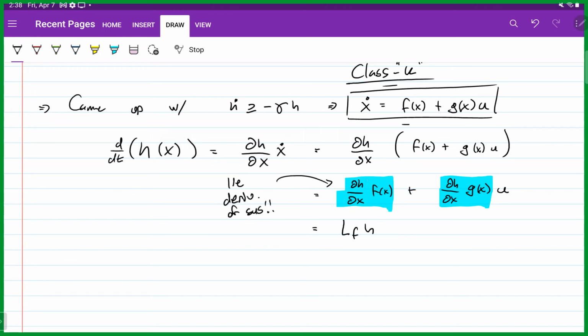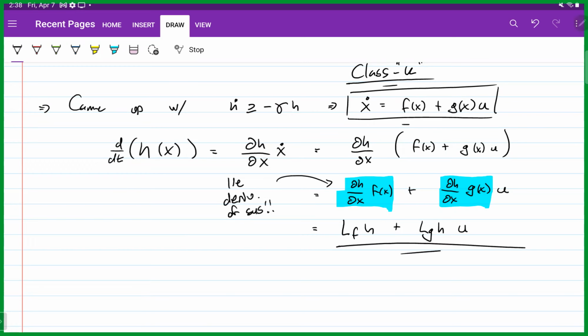Because we're taking derivative of h, multiplying by f, that gives us LFH. And then over here, we're going to have LGH times u. So once again, we're sort of seeing how this previous stuff that we talked about ends up naturally popping up in this new description of state, okay?